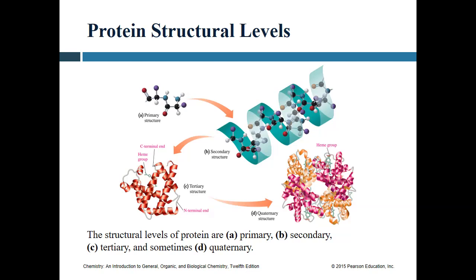To transition from that to the secondary, we start recognizing that individual regions of that long chain will either curl up or fold over based upon their ability to interact with each other using hydrogen bonds. And which one they choose really depends on the structure itself, how far apart the amide groups and the acid groups are from each other to be able to create these interactions.